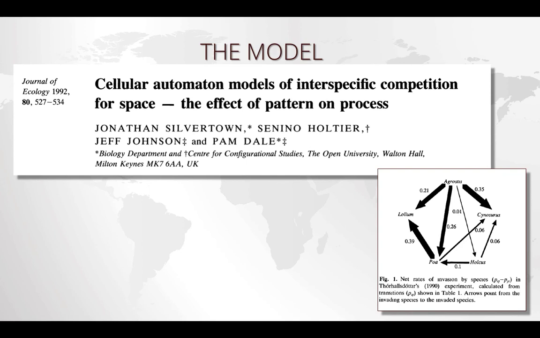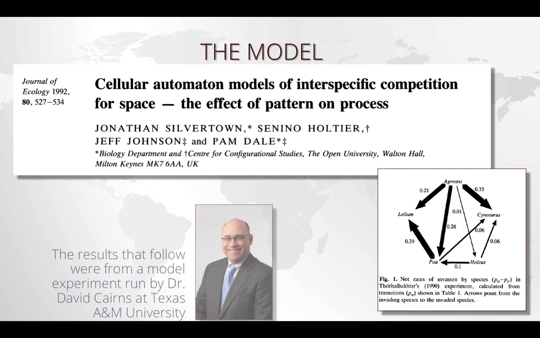What this captures are the net rates of invasion calculated from some real-world data from individual studies. The arrows point from the invasive species to the species it is going to invade, so we know the probabilities, in essence the net rates of invasion, for the study area.